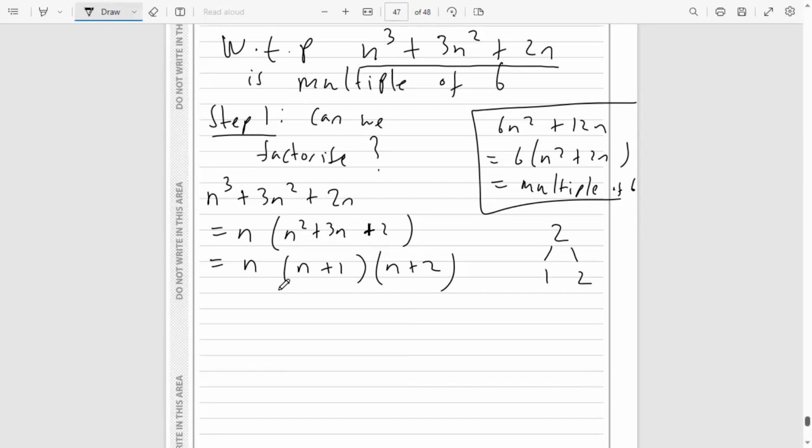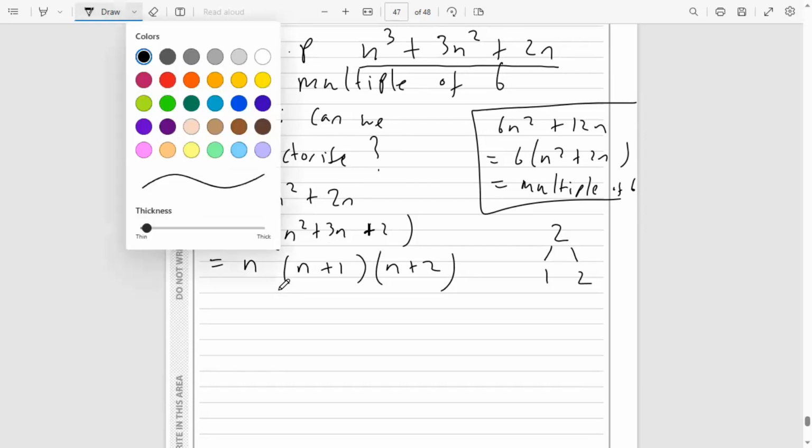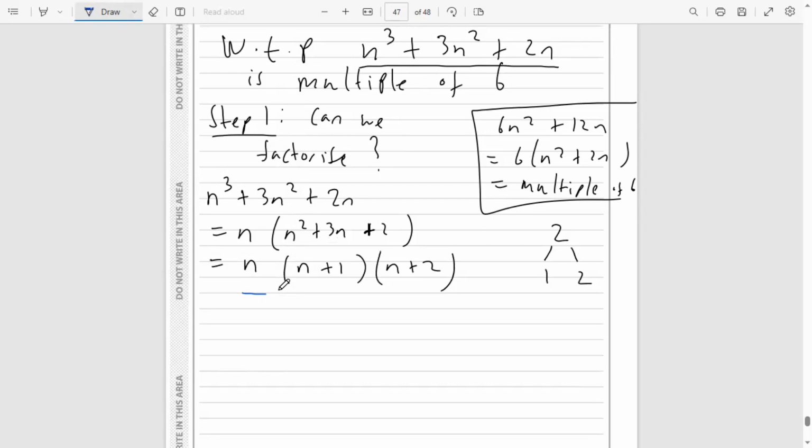Now, how is that useful? Looking at this expression, you can notice that we've got 3 consecutive numbers: n, n plus 1, n plus 2. So we've got 3 consecutive positive integers. Let's make a note of this here.